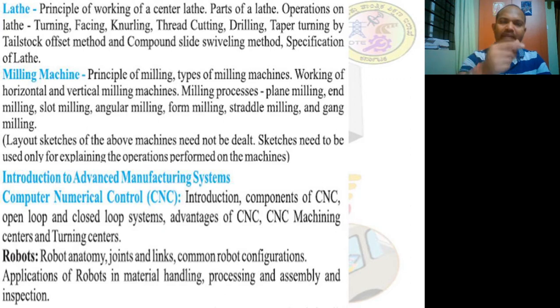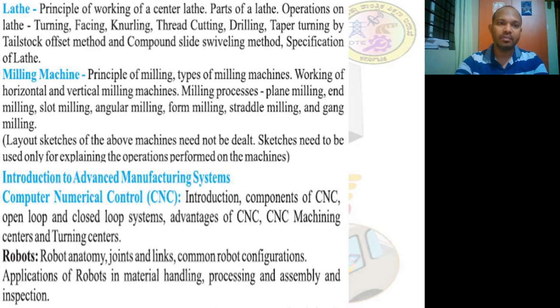Say, for example, if you have a big tire to remove, there will be four or five bolts, and they will be tightened and removed by machine tools. Earlier we used to take a spanner and make it tight or loose. So this is an advancement in the sector of machine tools.